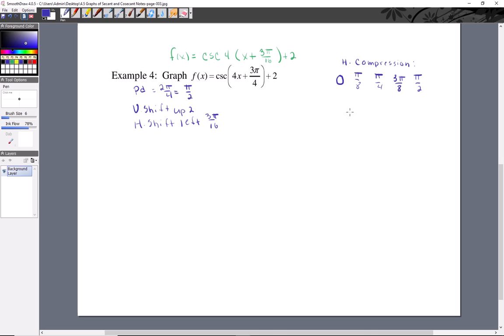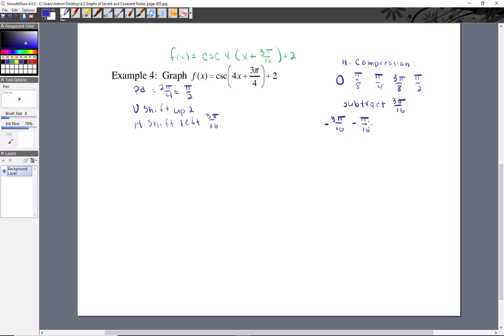All right, and now since we're going left, right, 3 pi over 16, we want to subtract from each of those values 3 pi over 16. All right, 0 minus 3 pi over 16 is negative 3 pi over 16. Pi over 8 is the same as 2 pi over 16, minus 3 pi over 16 is negative pi over 16.